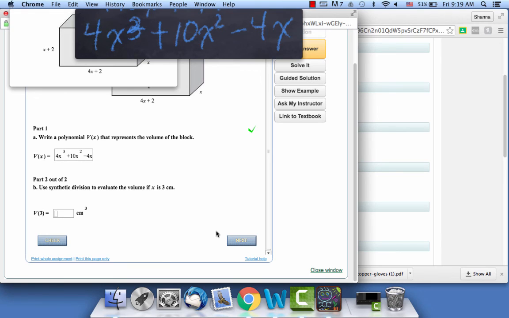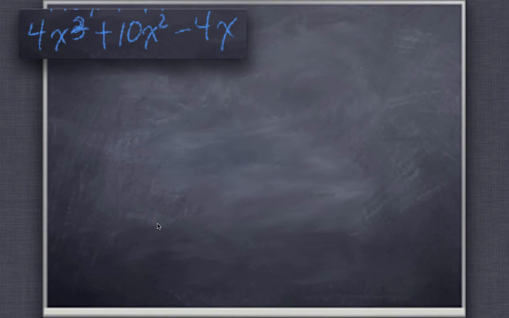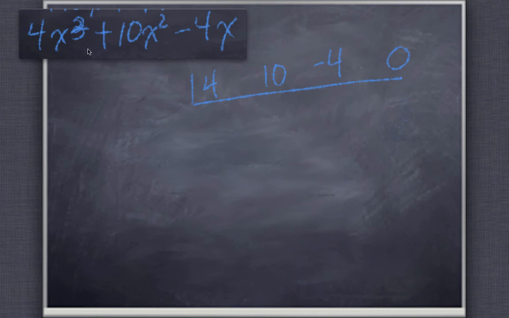Now we want to use synthetic division to evaluate if it's 3. So this is the last thing. I have 4, 10, minus 4, 0, because I have cube, squared, single, but I don't have a number, so I need to put that 0 over there.